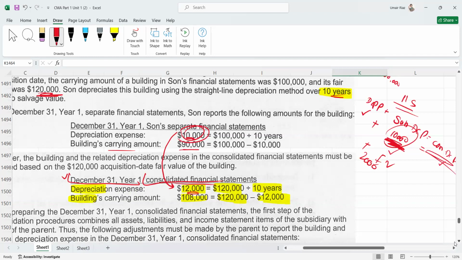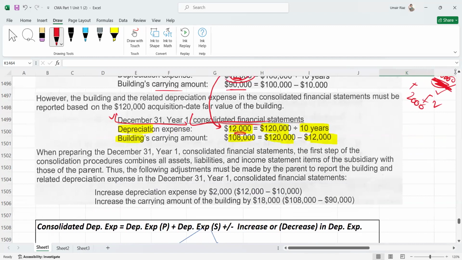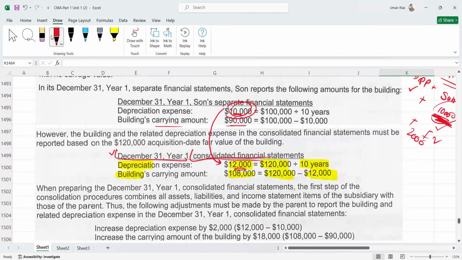So simply, guys, listen carefully: while we prepare consolidated financial statements, we have to compare old depreciation and new depreciation, and there will be either an increase or a decrease in depreciation. If fair value is greater than carrying value, there will be an increase in depreciation.